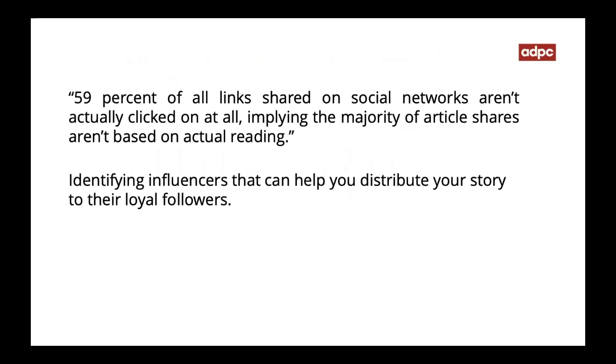What does it mean? Why am I saying this? Wait, let me go to the next. Identifying influencers can help you distribute your story to their loyal followers. Let's say in a village, or in a barangay, or in a certain geographical unit. And because of COVID, most likely our means of sharing is through the internet.